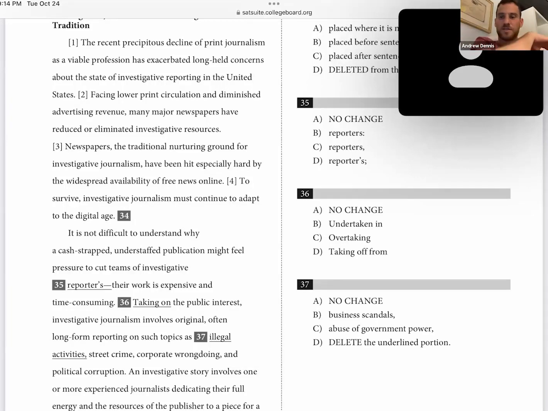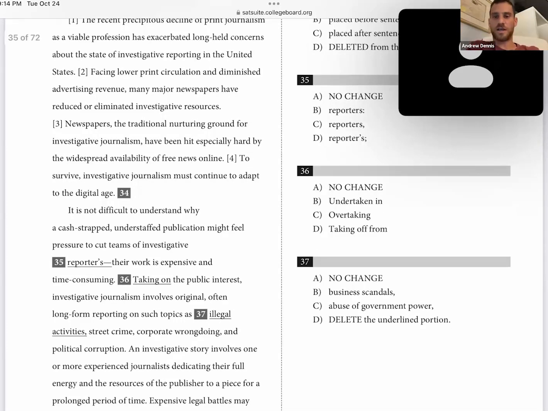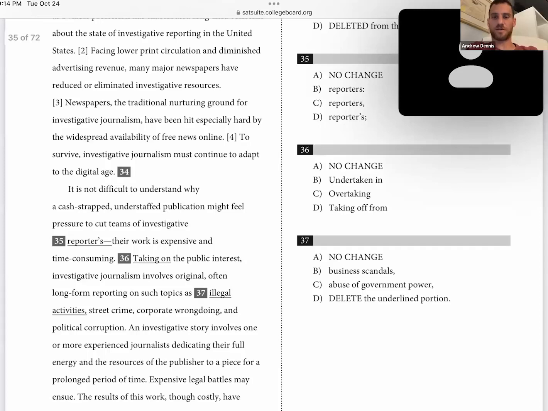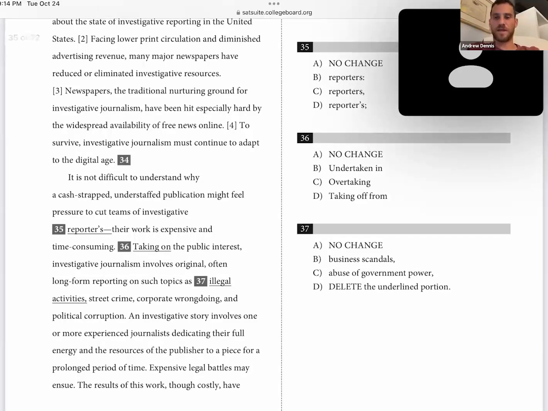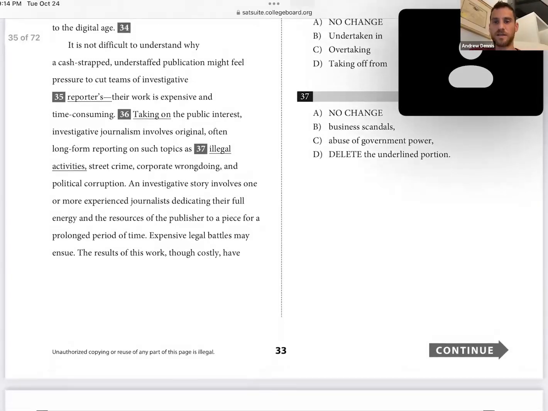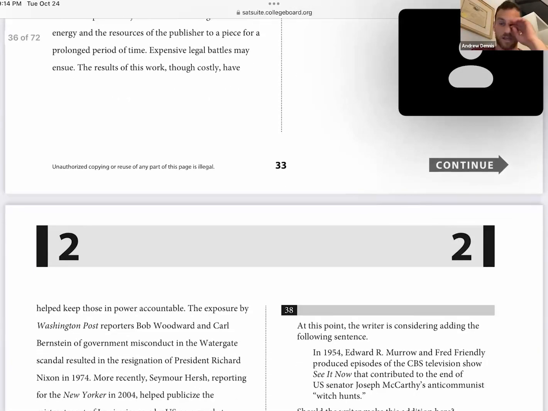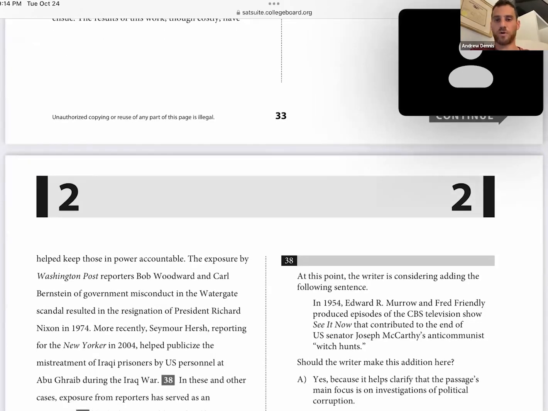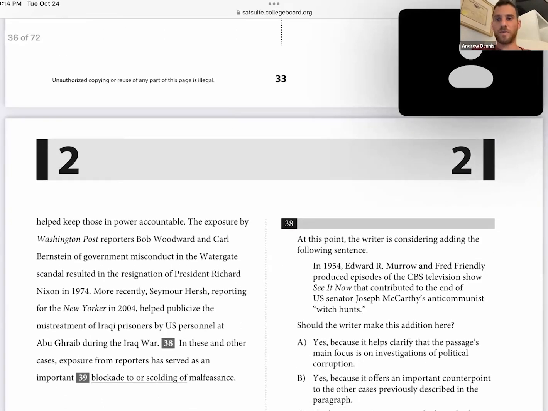An investigative story involves one or more experienced journalists dedicating their full energy and the resources of the publisher to a piece for a prolonged period of time. Expensive legal battles may ensue. The results of this work, though costly, have helped keep those in power accountable. The exposure by Washington Post reporters Bob Woodward and Carl Bernstein of government misconduct in the Watergate scandal resulted in the resignation of President Richard Nixon in 1974.